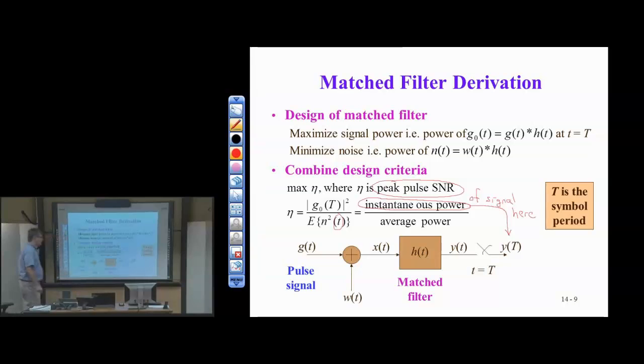And so the average power here, think about what is power. Well, the instantaneous power is proportional to n squared of t. So at any point in time, n of t is a voltage, the power is proportional to the voltage squared. But since it's a random number, what we really want is the average power over all time, and that's where the expectation comes in.